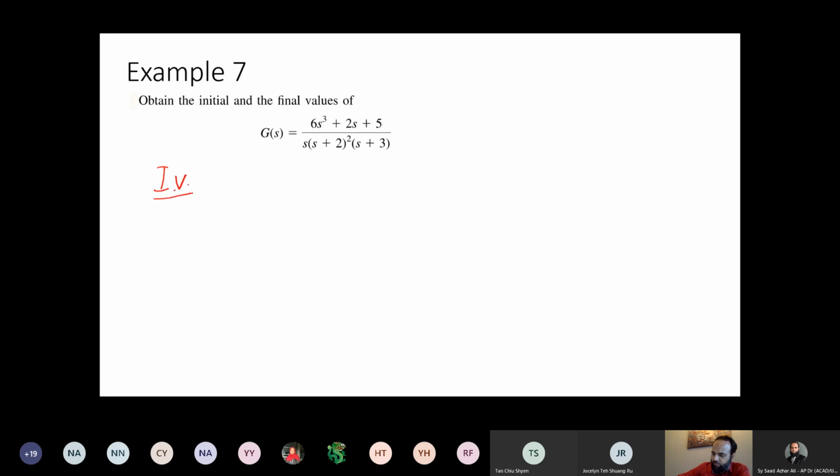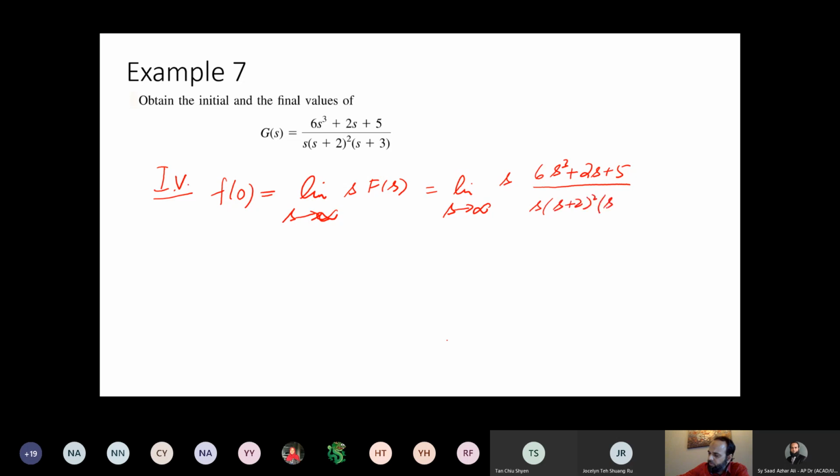Initial value is f(0) equal to the limit as s tends to infinity of s F(s), which will be the limit as s tends to infinity of s times (6s cubed plus 2s plus 5) divided by s (s plus 2) squared (s plus 3). s goes with this s, and if we apply the limit, remember we cannot apply the limit if it goes infinity upon infinity.